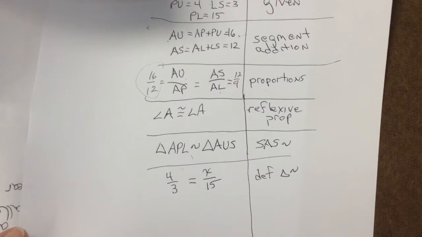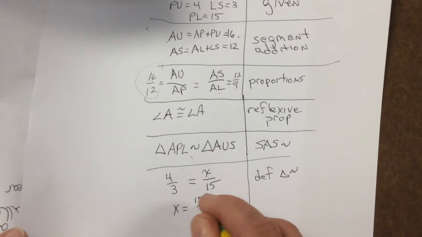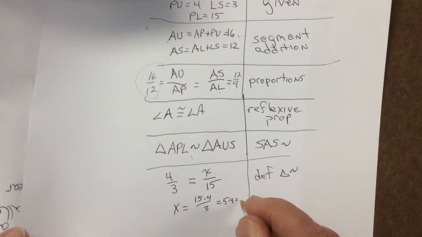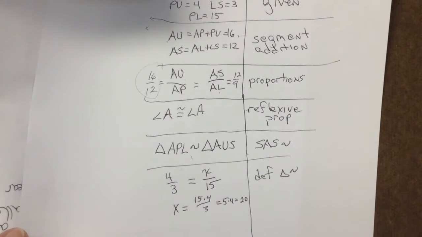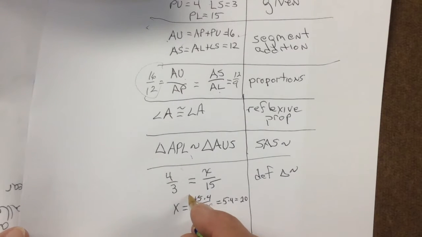All the ratios are the same. So x is equal to 15 times 4/3, which is equal to 5 times 4, which is equal to 20. So you basically just divided 15 and 3, which gave 5.